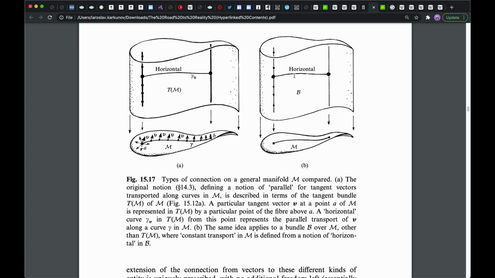So it basically means to connect or glue between the fibers, how we associate one fiber with the neighboring fibers. That's the basic idea. And the connection corresponds to the constancy or horizontality in the fiber bundle here.